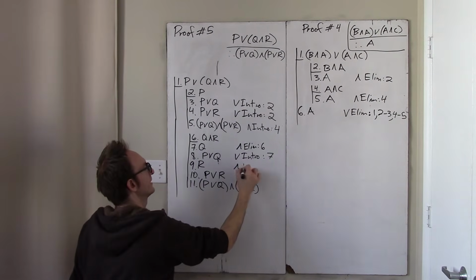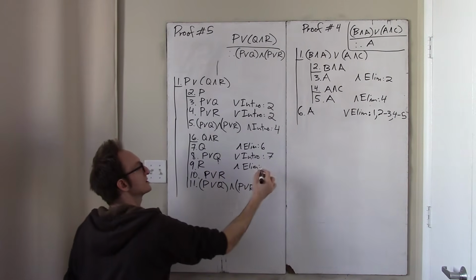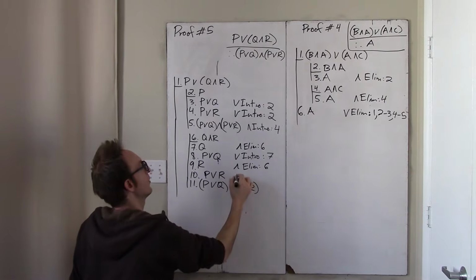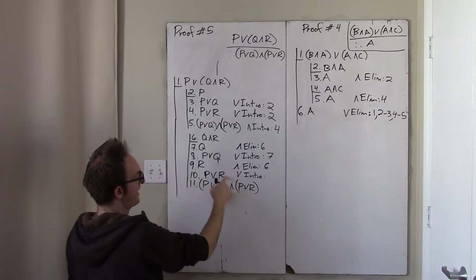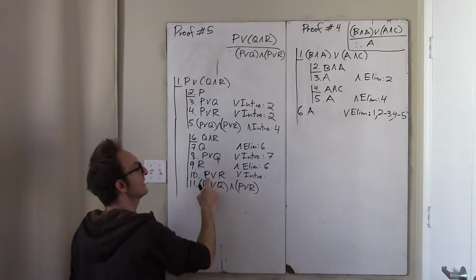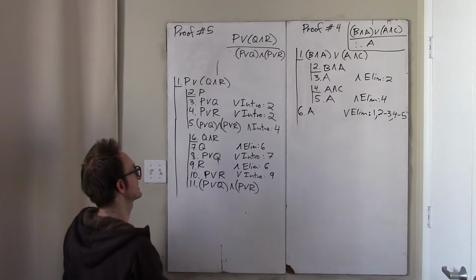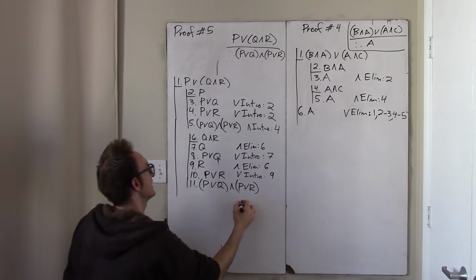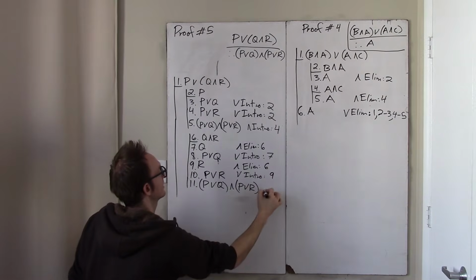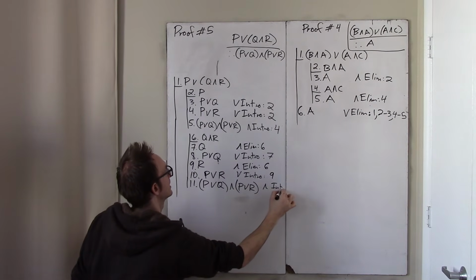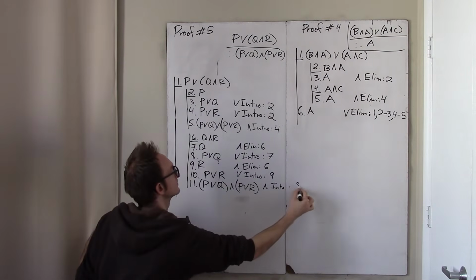This line 9 also just comes from line 6. Once again, I weaken my line 9 by ORing a P onto the front, and finally this line 11 is and intro 8 and 10. I need a better board situation.